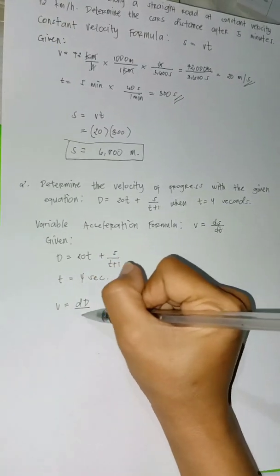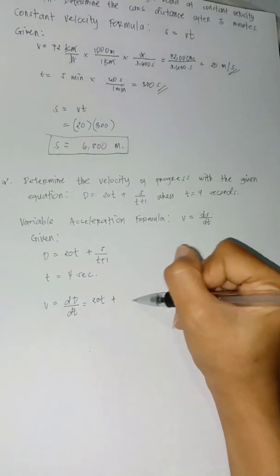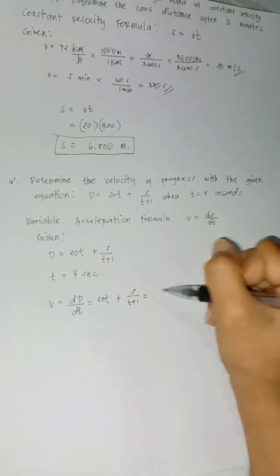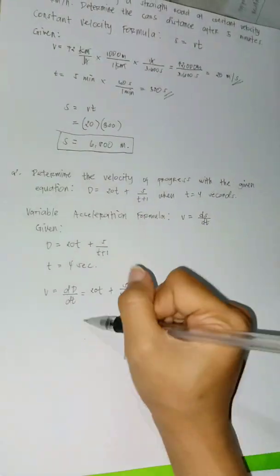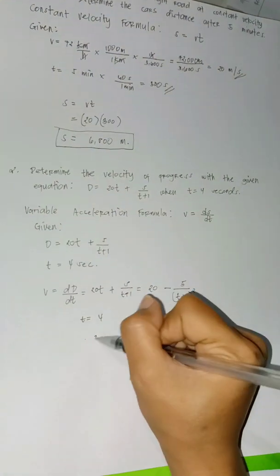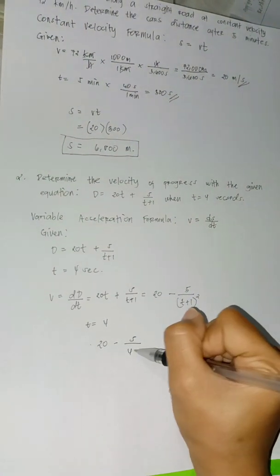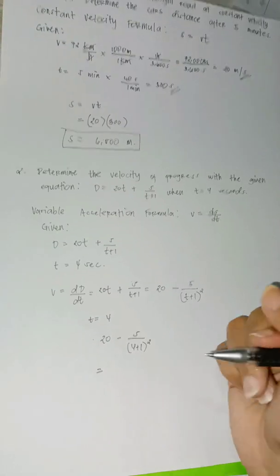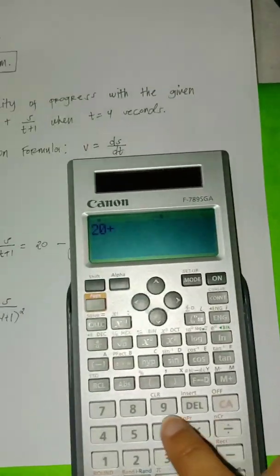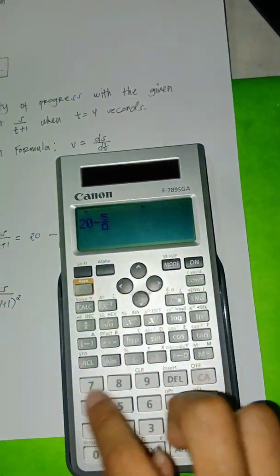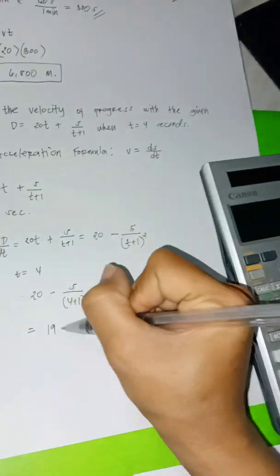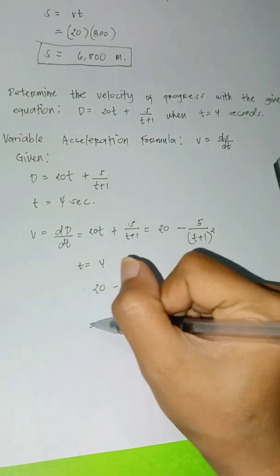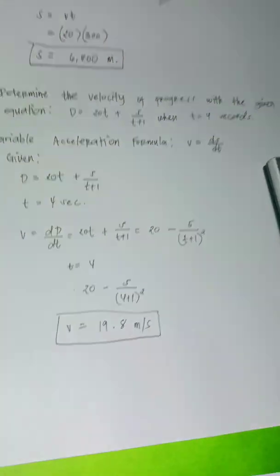So v is equal to d over dt of (20t plus 5) over (t plus 1). So differentiate that, which is equal to 20 minus 5 over (t plus 1) squared. So when t is equal to 4, substitute 4, using the calculator, 20 minus 5 over (4 plus 1) raised to 2 is equal to 19.8 meter per second. This is our final answer.